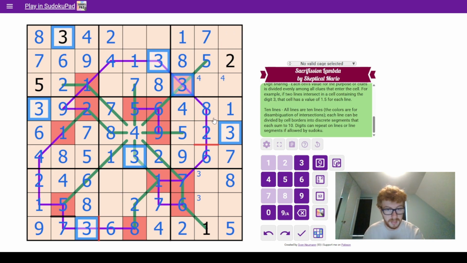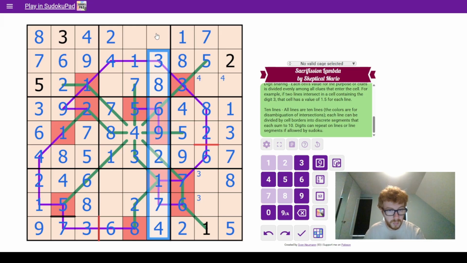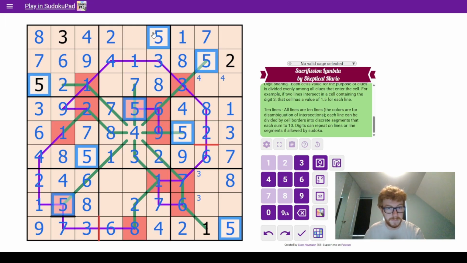3s then? Not yet, I don't think. What am I missing in this column? It is a 5. 1, 2, 3, 4, 5, 6, 7, 8. Yes. 5s.